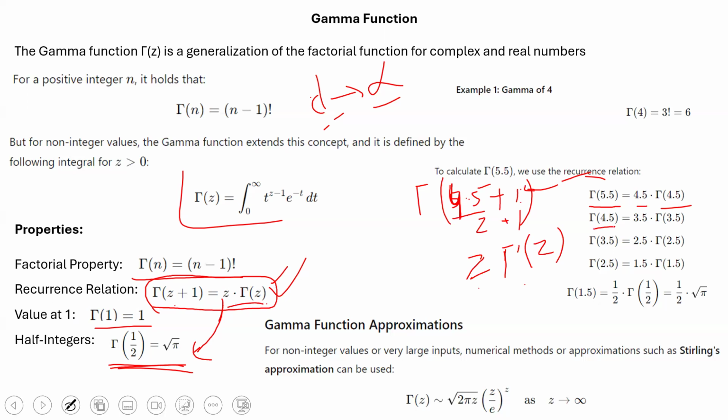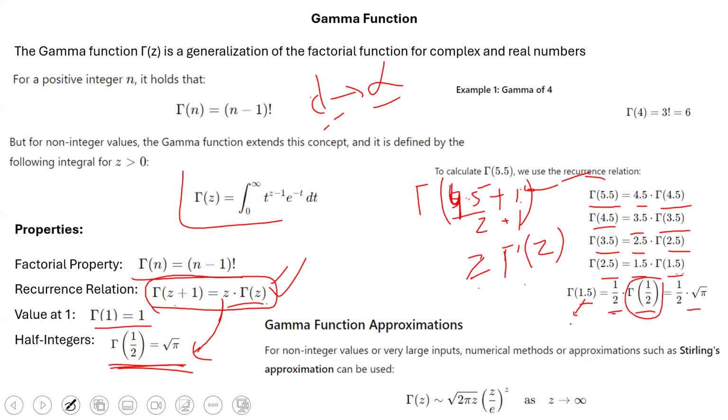Now gamma of 4.5 can be converted to 3.5 times gamma of 3.5, which can be converted to 2.5, then 1.5. Gamma of 1.5 is nothing but 0.5 times gamma of 0.5, and 0.5 is nothing but 1 by 2. Now we know the value of gamma of 1 by 2, which is root pi.